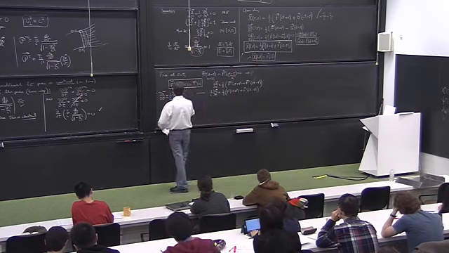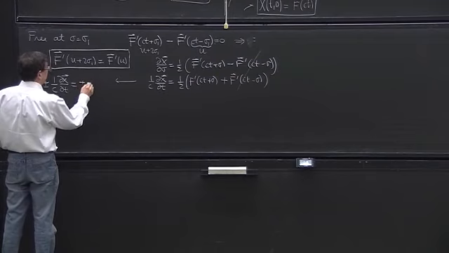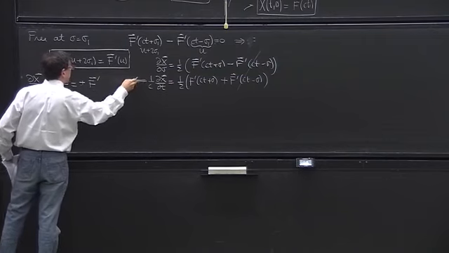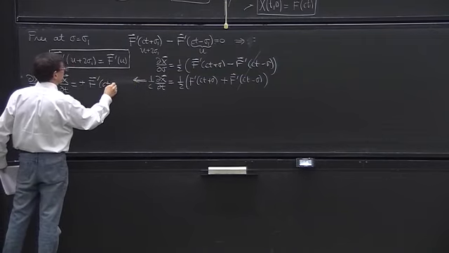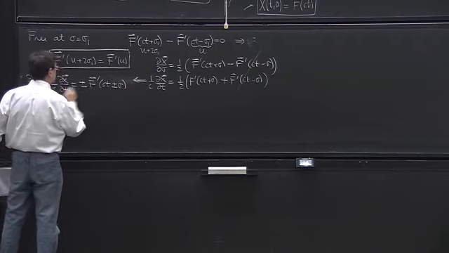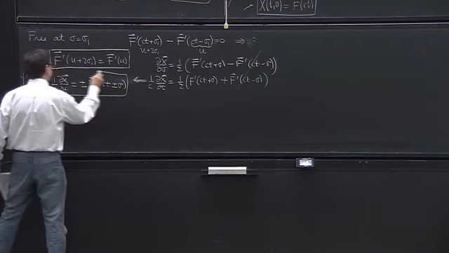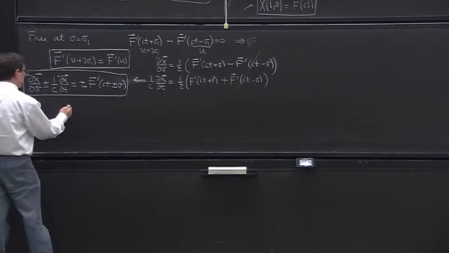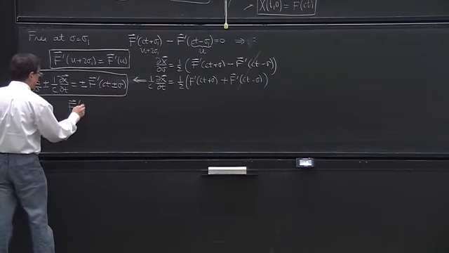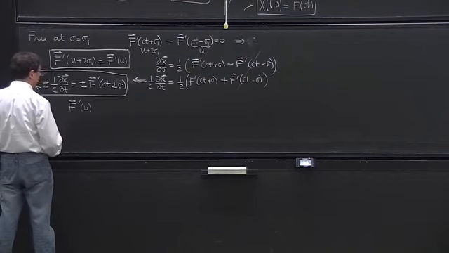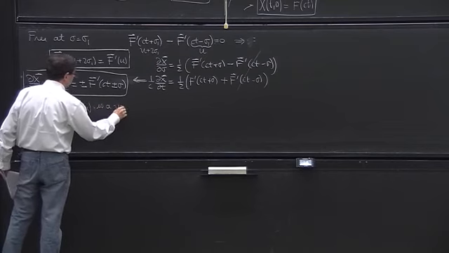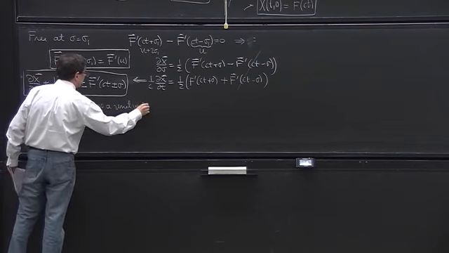We get, in the plus case, f prime of ct plus sigma, and in the minus case f prime of ct minus sigma, plus minus, like this. And that must be a unit vector. And this is an arbitrary argument. So what you've learned is that f prime of u is a unit vector.